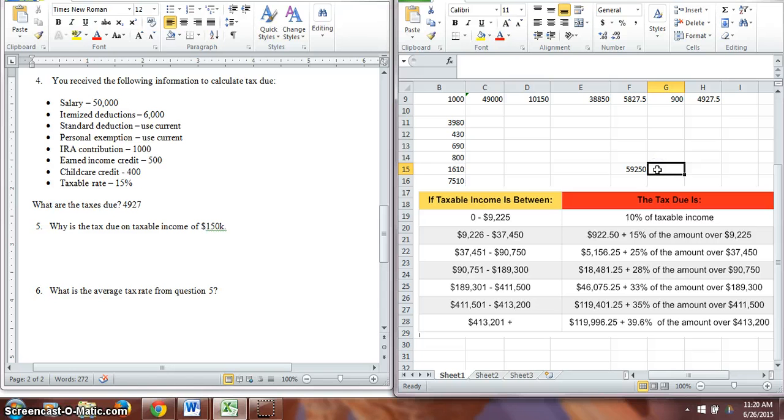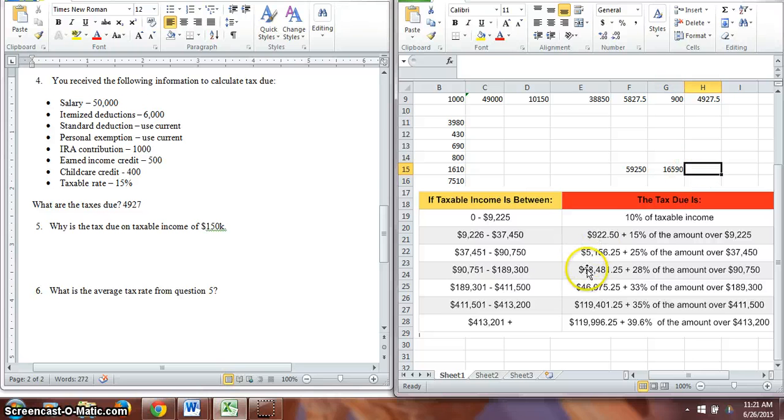And what do I do next? I multiply that times 0.28. So I'm going to change 28% to a decimal, so I'm going to multiply it by 0.28. Times 0.28. And that gives me 16,590.